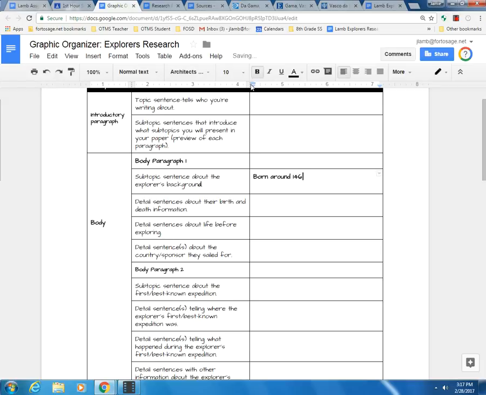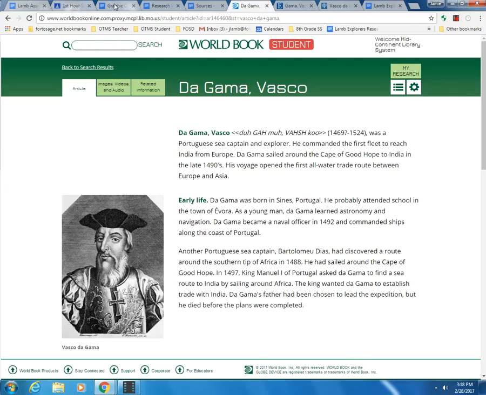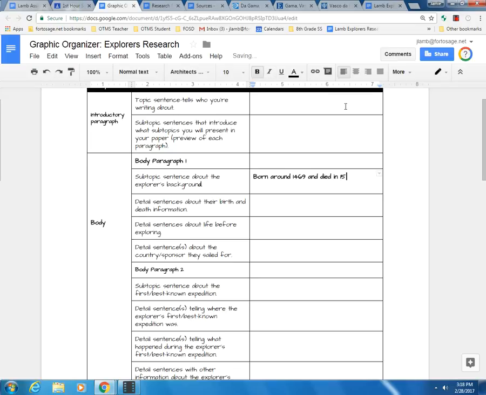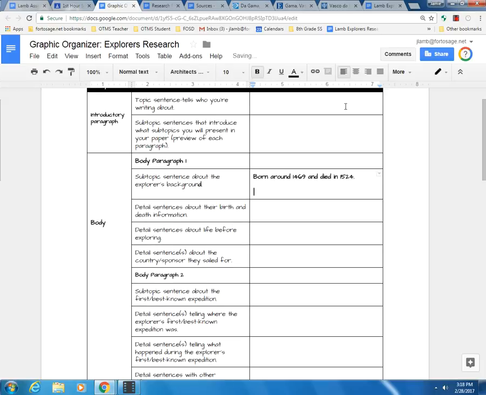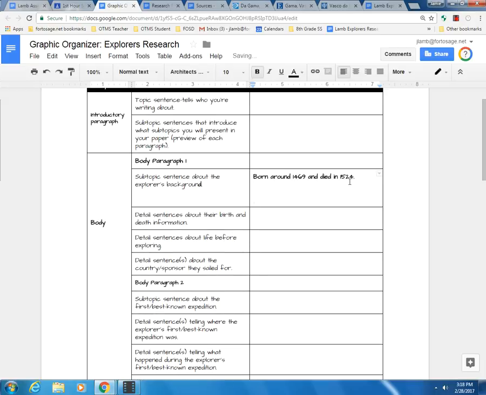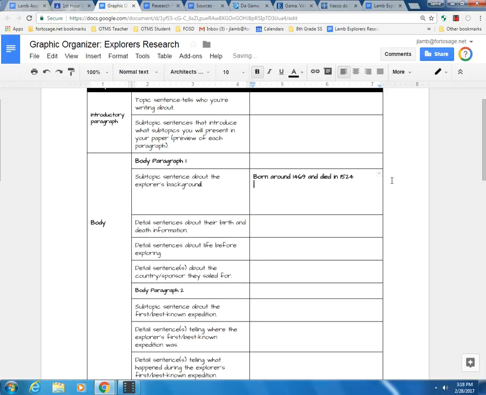Whoops, 1469, and died in, then it says 1524. So you are typing that in. And you can always hit enter and expand these boxes as big as you need. That way you can fit as much information as you want on here. And that's why this is better than having to do it on paper and trying to fit by writing small.